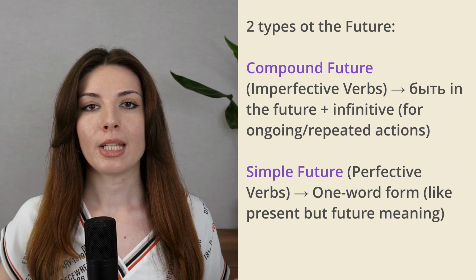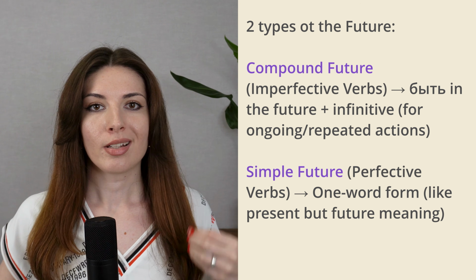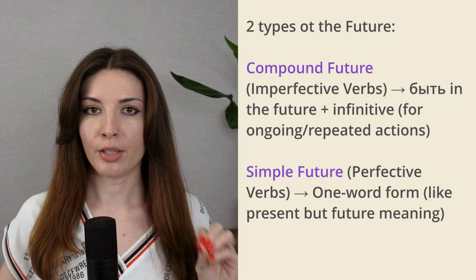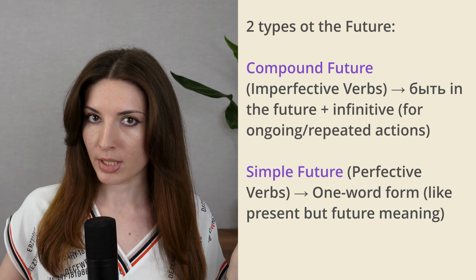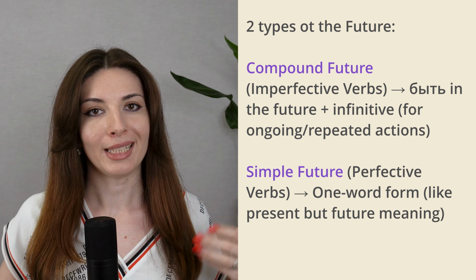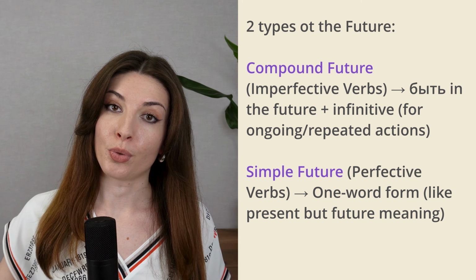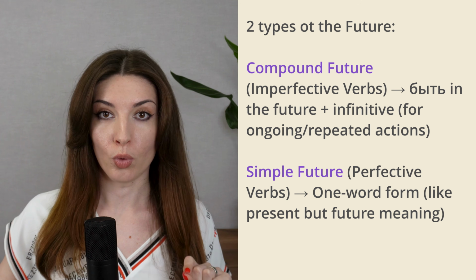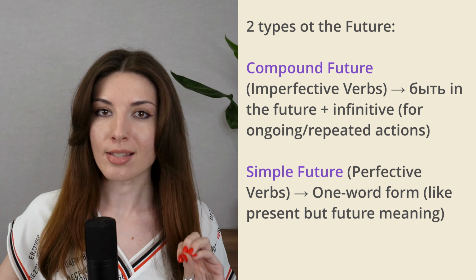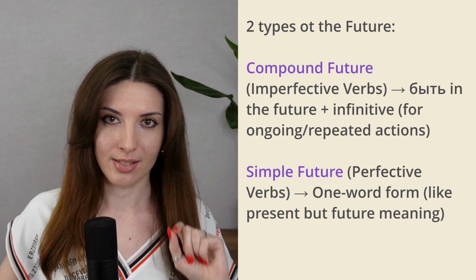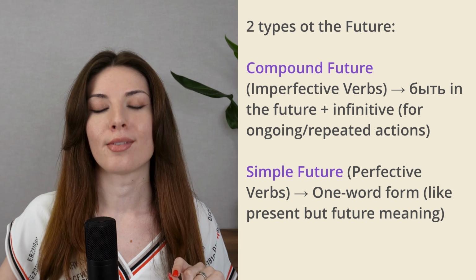The first one, for imperfective verbs, is always compound future, always two words there: the verb to be in the future tense plus the infinitive of the main verb. And the second type is the single future, a one-word form. And it looks exactly like the conjugation of the verbs in the present tense. That's why it's very confusing. But let's look at the formation first of the imperfective verbs.